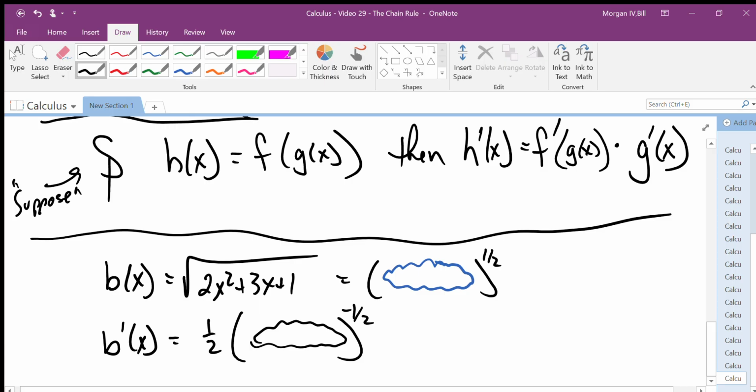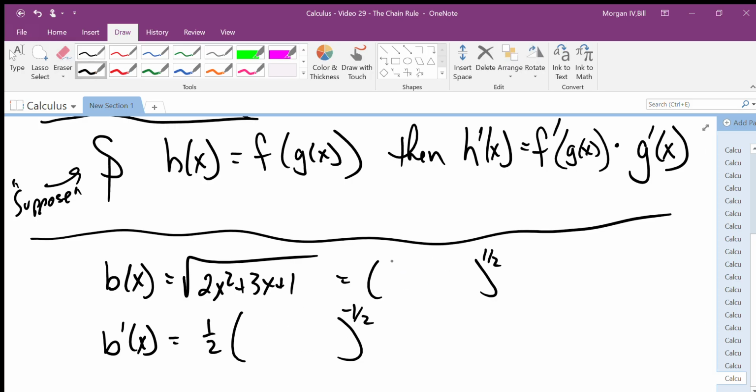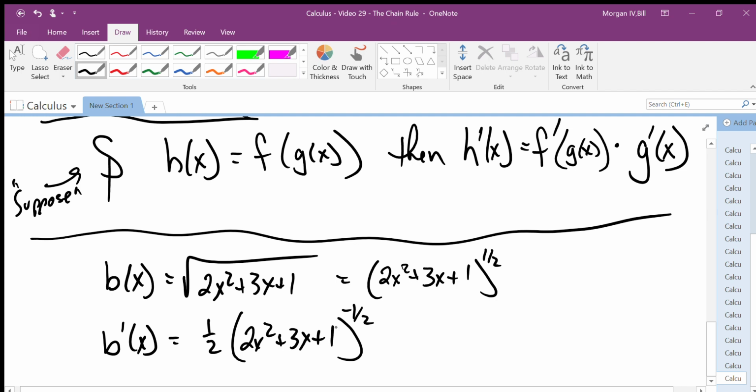Now that inside blob, it doesn't change in this portion. It is what it is. So my blob was 2x squared plus 3x plus 1. It's going to be 2x squared plus 3x plus 1 here. You're not taking the derivative of that inside function yet. We're leaving it just g of x.